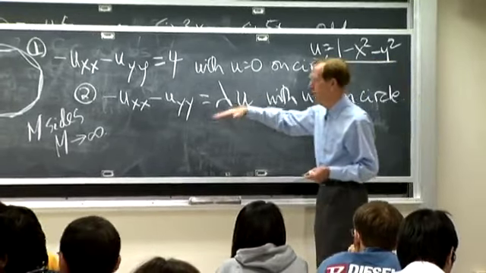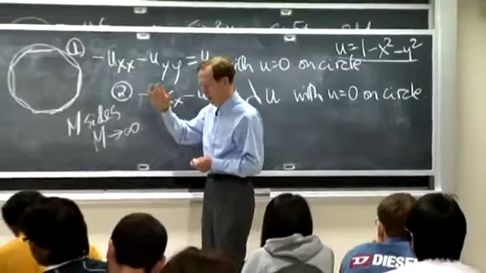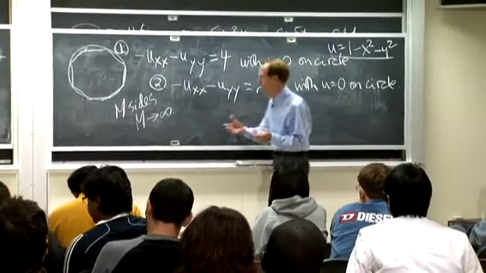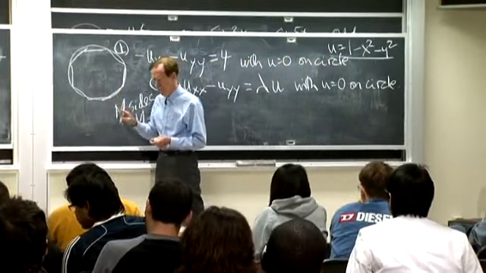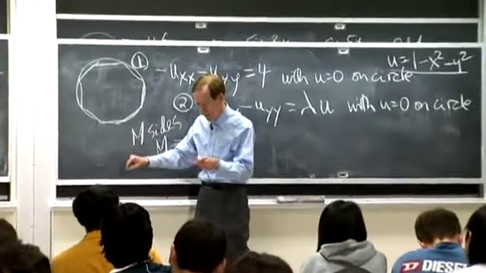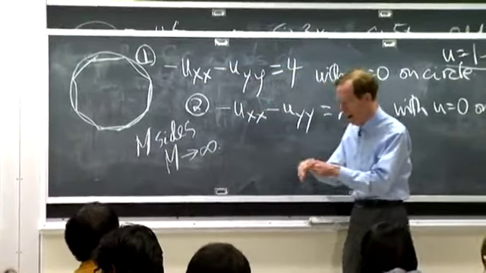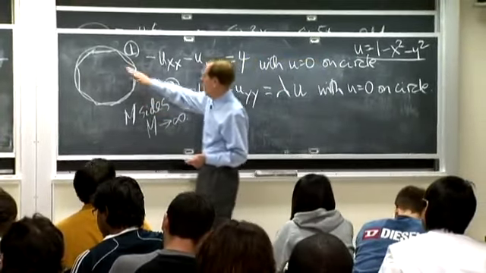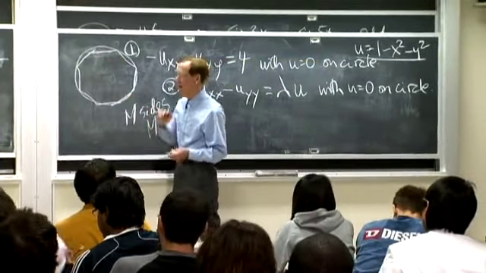This would describe normal modes, for example, of a circular drum. If I had a polygon drum, maybe I'd fold in the sides to build it and have a polygon.